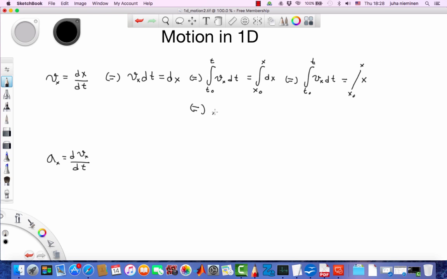So we get x minus x0 is whatever you had on the left hand side. And once more bring the x0 to the other side. This is still intact.